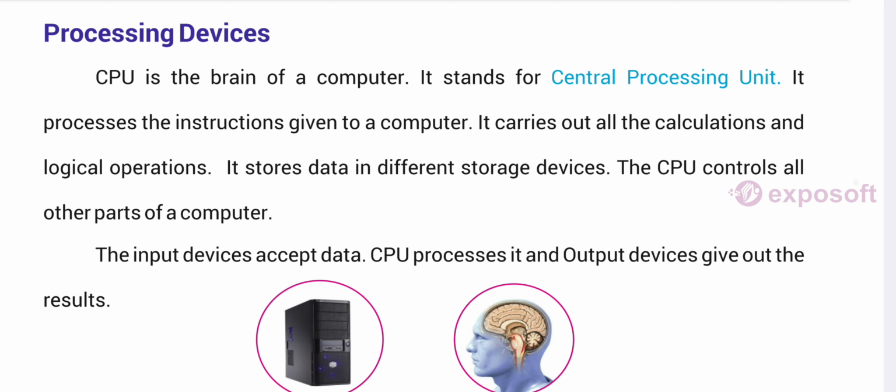CPU stands for Central Processing Unit. CPU processes the instructions given to the computer. It carries out all the calculations and logical operations. It stores data in different storage units. The CPU controls the other parts of the computer.